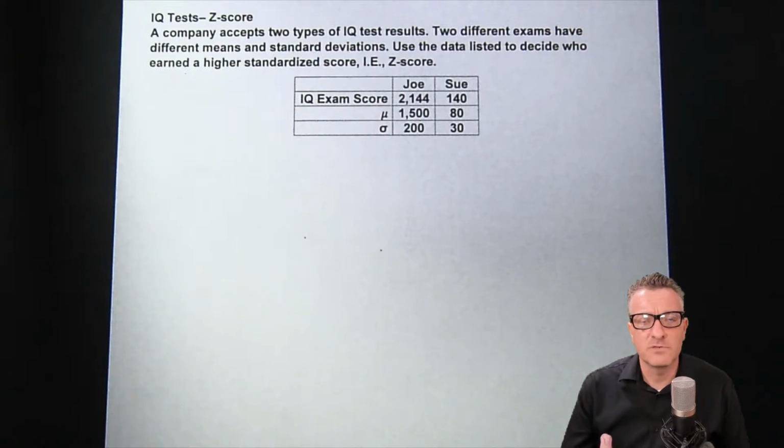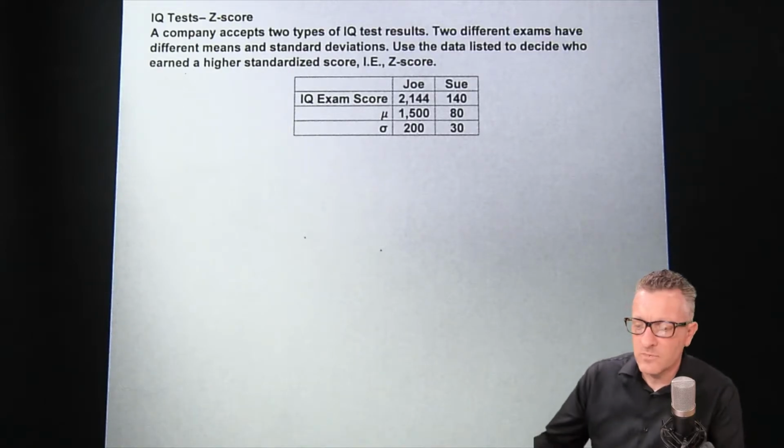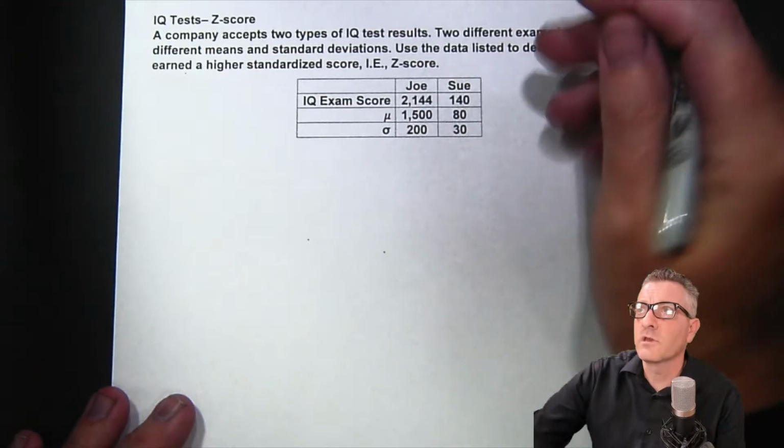So what we can do is figure out who earned a relatively better or worse score in some type of performance test, which is very similar to what we're doing here.